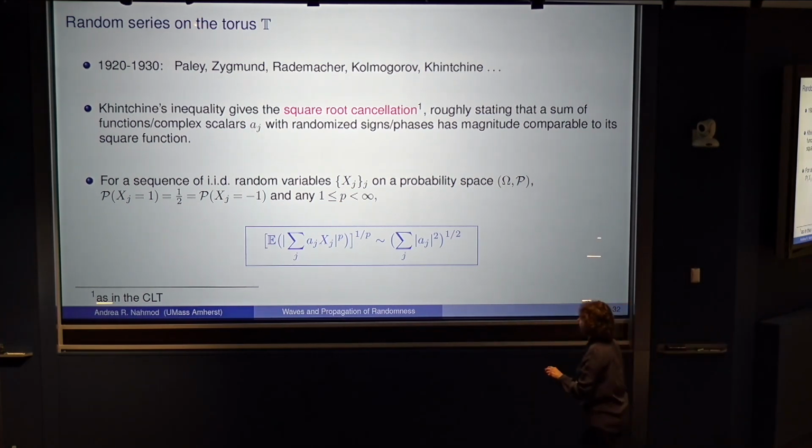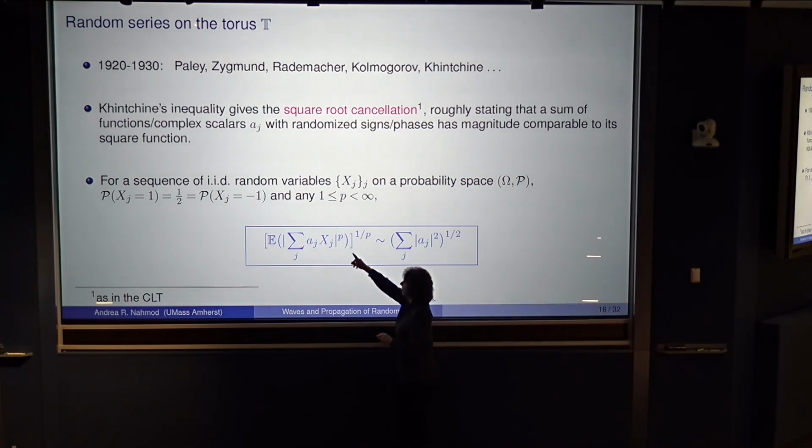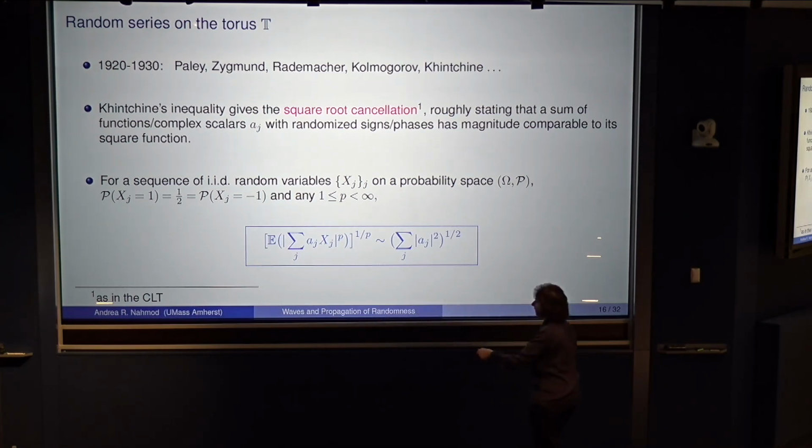That's the same as saying that if you take here p = 2, and you take these x_j's to be randomly plus and minus 1, like Rademacher, with probability a half, then this is actually almost surely in L^p for any p between 1 and infinity.